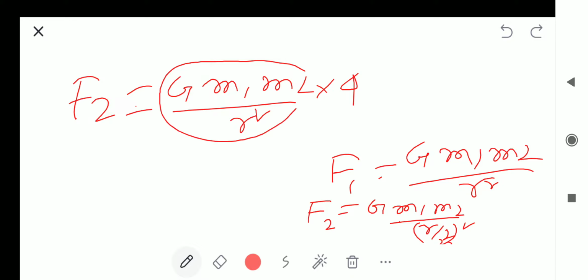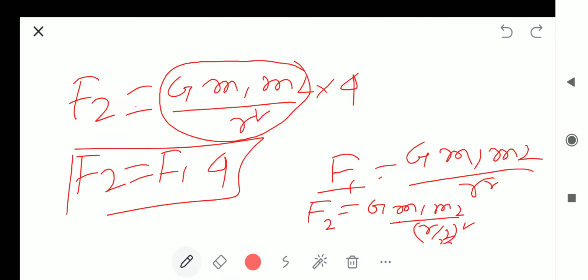So F2, the final force when the distance is half of the initial, is 4 times the initial force. That's why if the distance between two bodies decreases, the force of gravity increases.